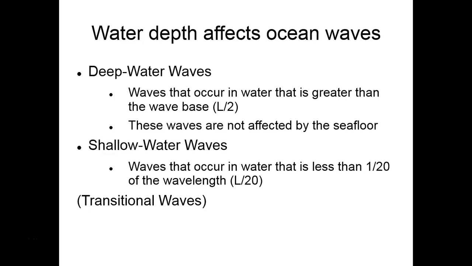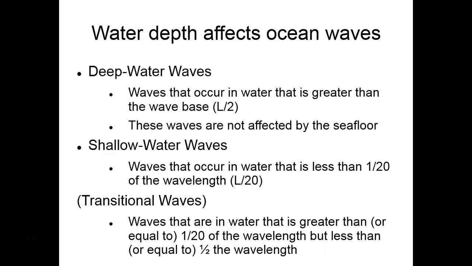In other words, the wave energy is touching the bottom, and therefore the way that the wave is traveling is going to be affected by the bottom of the seafloor. Transitional waves are waves in water that is greater than or equal to 1/20th of the wavelength, but less than or equal to 1/2 the wavelength.